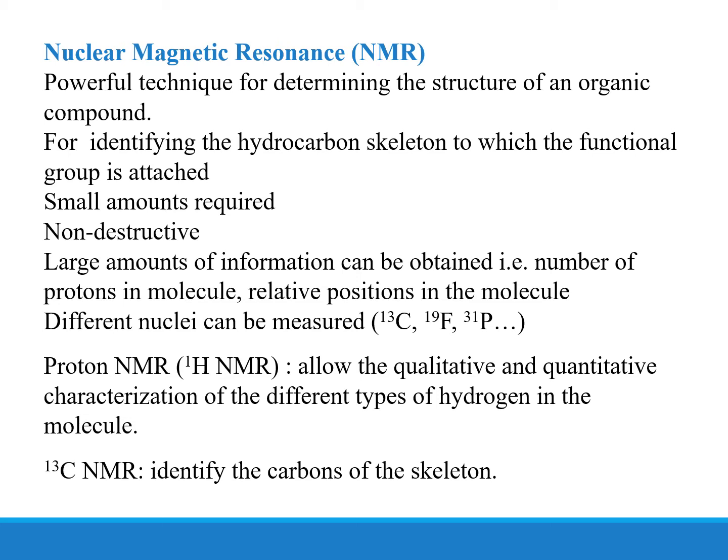In proton NMR, for instance, we can determine qualitative and quantitative characteristics of different hydrogens within a molecule. For carbon NMR, similarly, it's possible to identify the carbon skeleton of that organic compound.